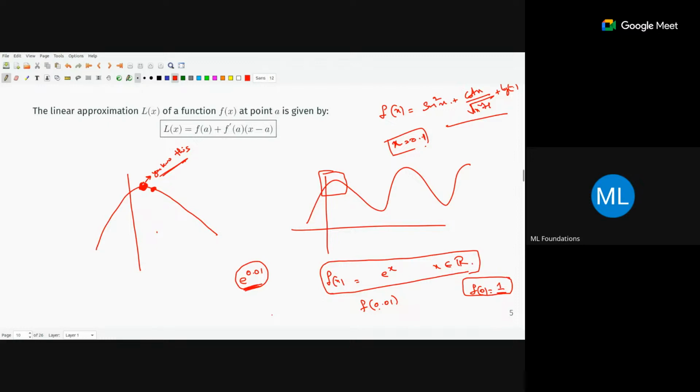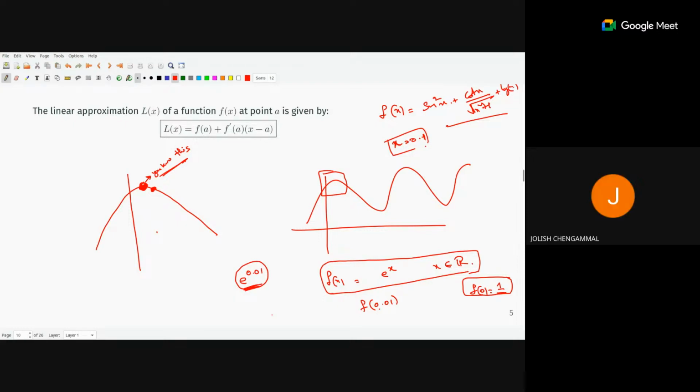The error will be large compared to some other better approximation, like maybe quadratic approximation is better than linear approximation for some functions. If you are not okay with even 1% of error, then you have to go with some fourth order or fifth order approximation.